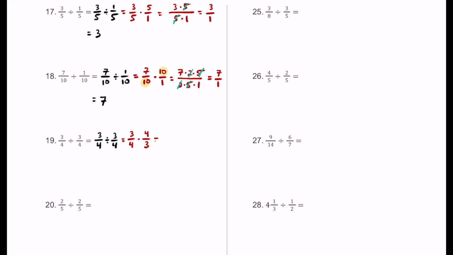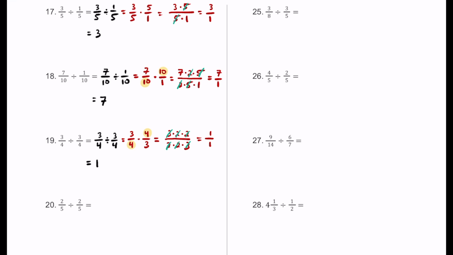All right, and so notice what's going to happen here: everything on top and bottom matches, but we can take this 4 and this 4 and break those down. 3 and 2 and 2. 2 and 2 and 3. So as we suspected, we're going to get everything to cancel out here. And so we're left with 1 over 1, which makes sense because 3/4 cut into size of a 3/4 would just be one piece. So the answer to this is going to be 1.